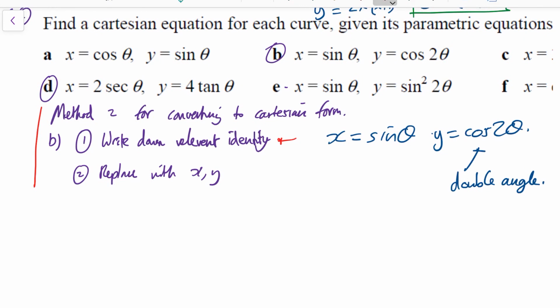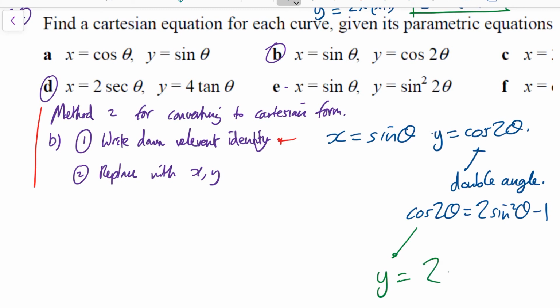And one of the double angle formulas for cos is cos 2 theta equals 1 minus 2 sine squared theta. What can we do with this? Well, we can go and replace this left-hand side here with our y. We can replace the other side with sine squared is x squared, and the minus 1 here. And now this is our final answer because it only contains x and y.